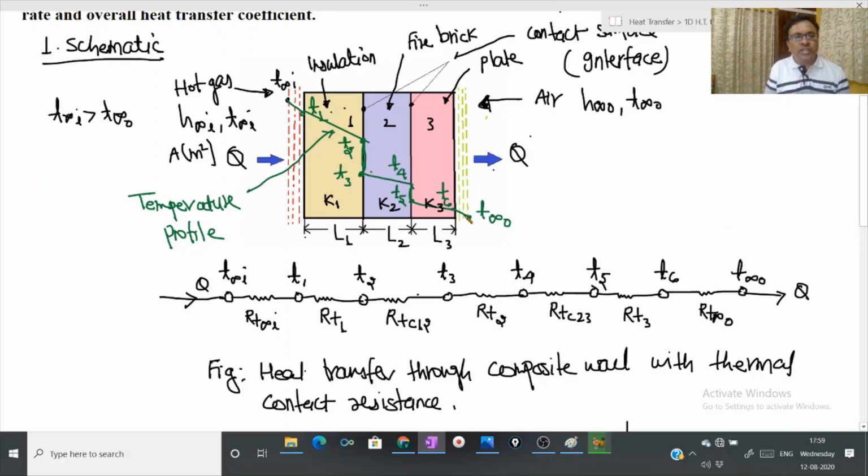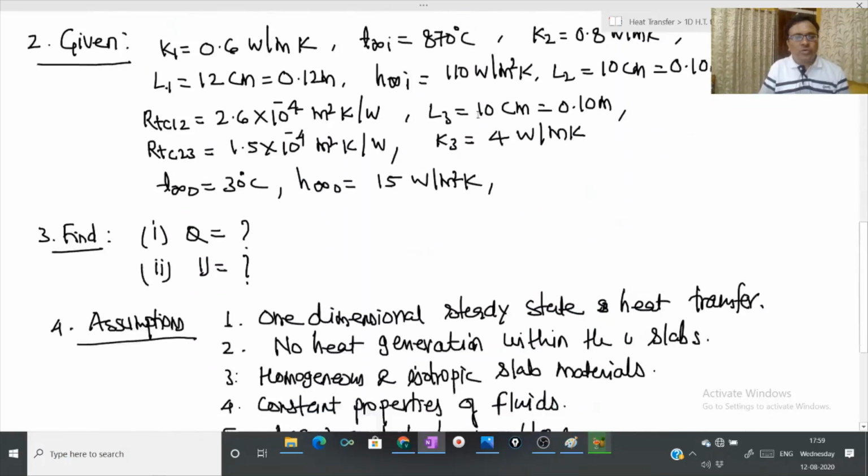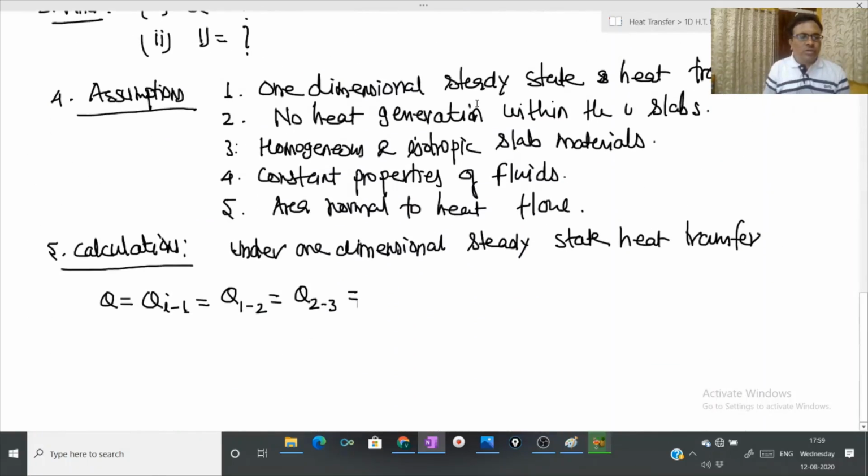So how to write the equation for this? This is the rate of heat transfer at the interface 2 3.